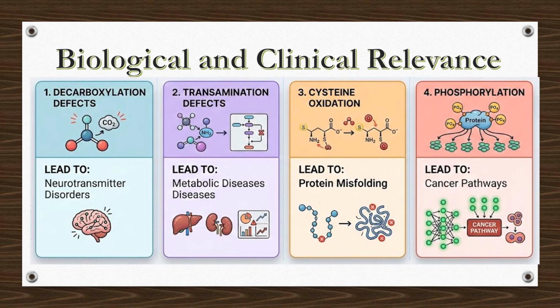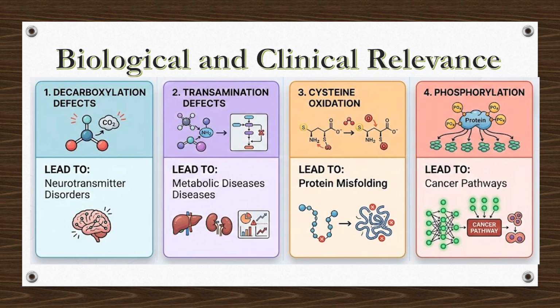When these reactions fail due to genetic mutations, vitamin B6 deficiency, or enzyme inhibition, neurotransmitter levels drop, leading to neurological disorders. For instance, aromatic L-amino acid decarboxylase deficiency prevents the formation of dopamine and serotonin, causing severe movement and developmental problems.